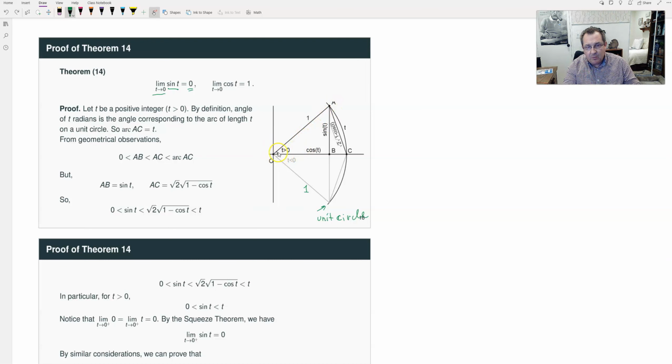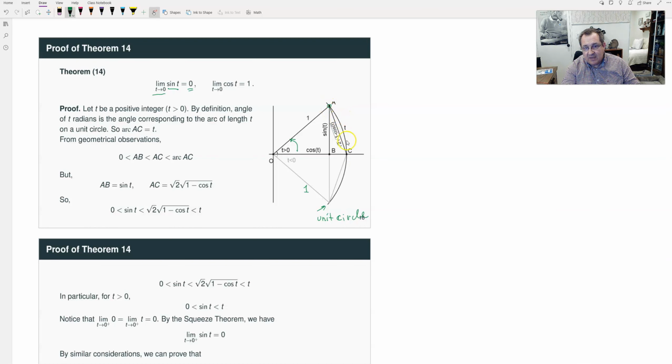We then will mark an angle of exactly t radians, measured from the x-axis. Now, how do you measure an angle of t radians? The way to measure an angle of t radians is to take a unit circle and measure a distance of t units on its circumference.